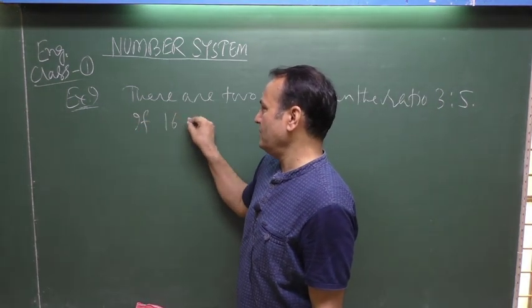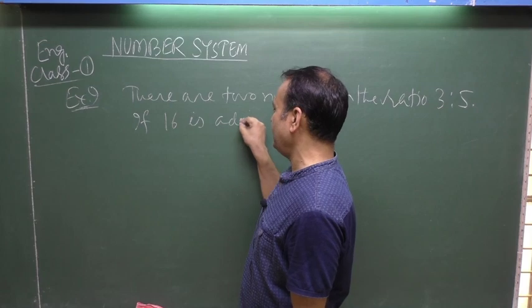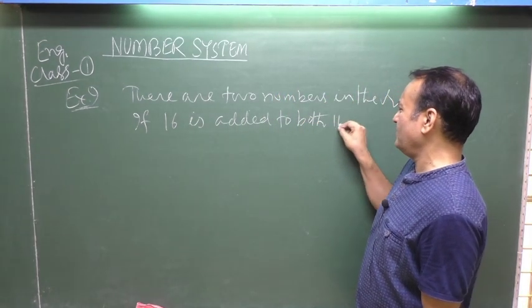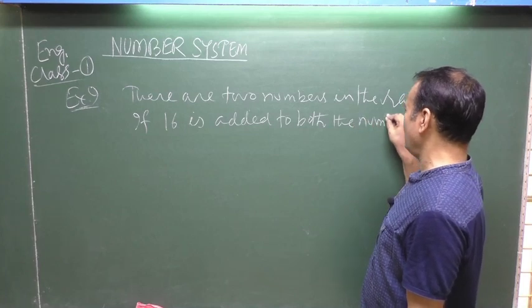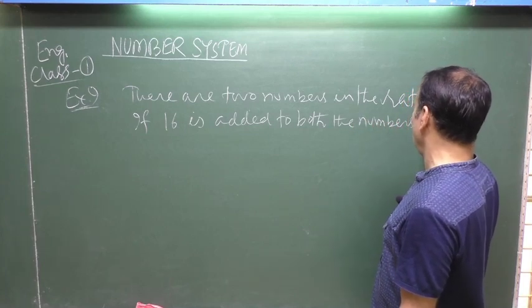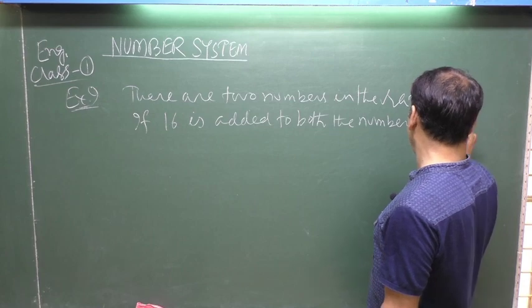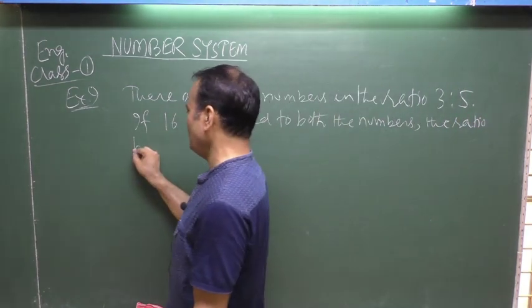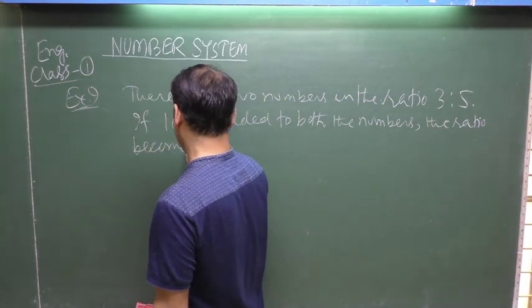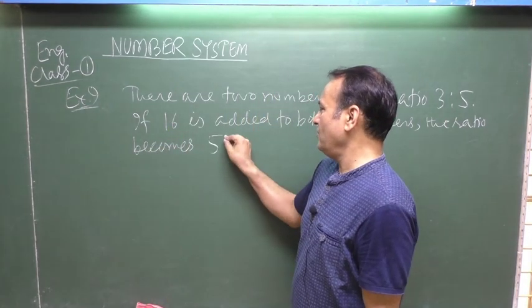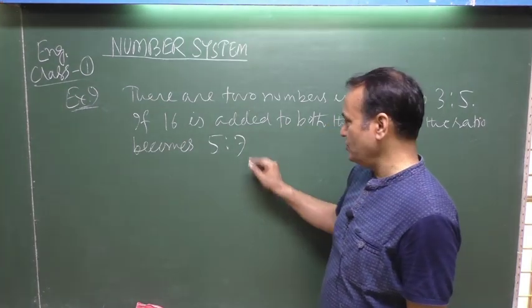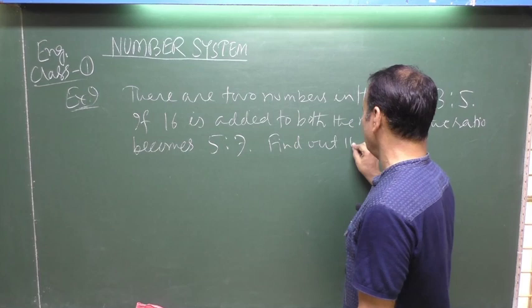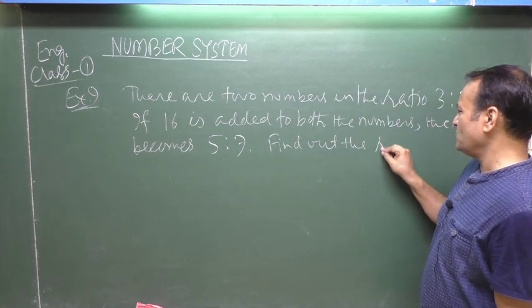If 16 is added to both the numbers, the ratio becomes 5:7. Find out the smaller number.